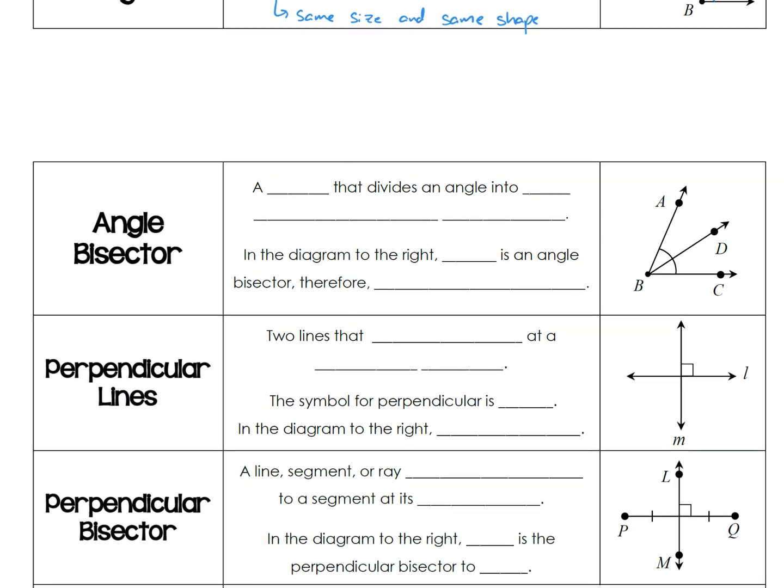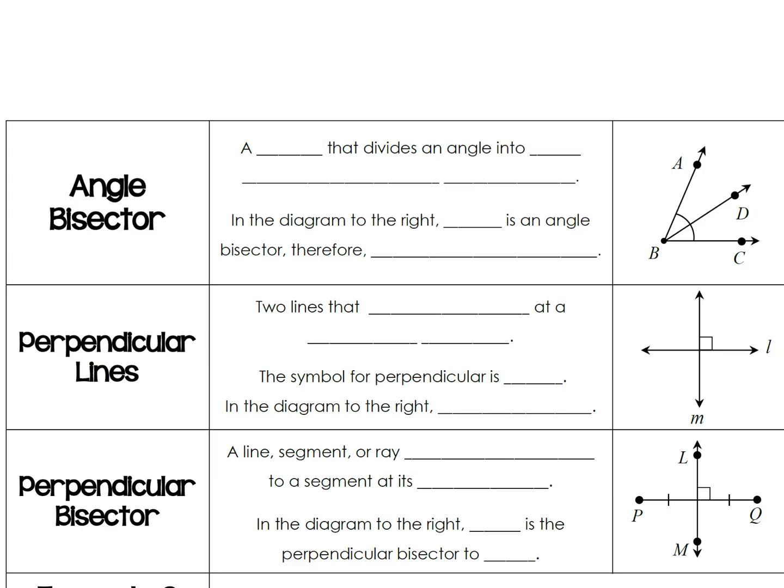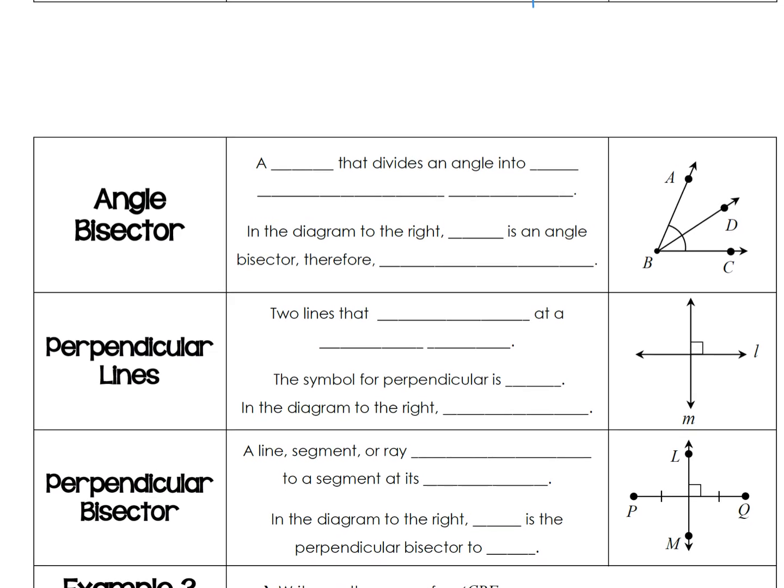Now, we talked about bisectors last lesson. Remember? Bisectors are lines, segments, or rays that cut something in half. They're going to cut it into two equal pieces. So in this picture, an angle bisector is a ray that divides an angle into two congruent angles. I'm going to use a symbol, or if you want to write the word, either works.